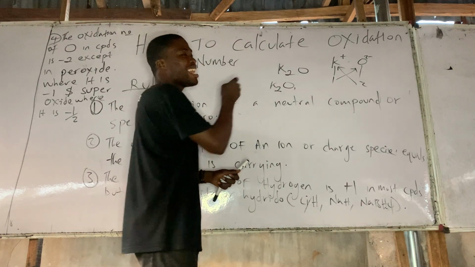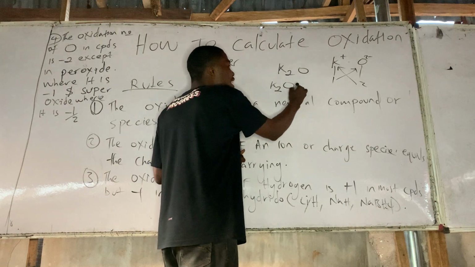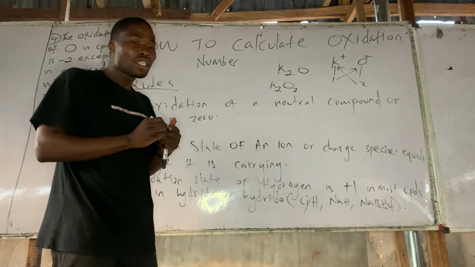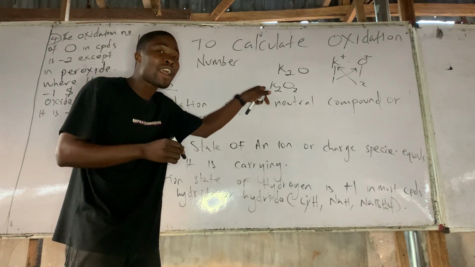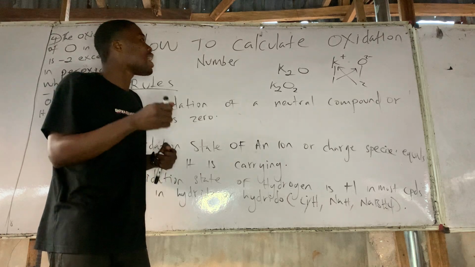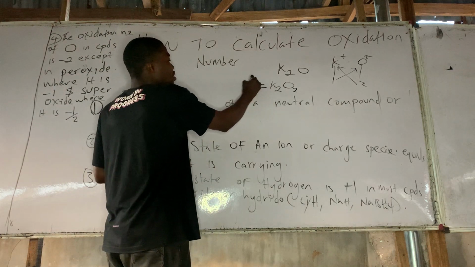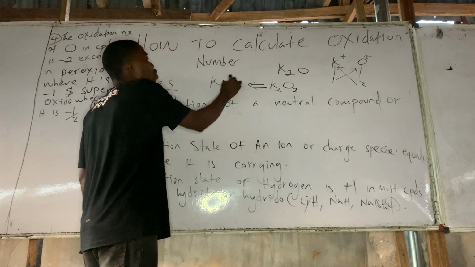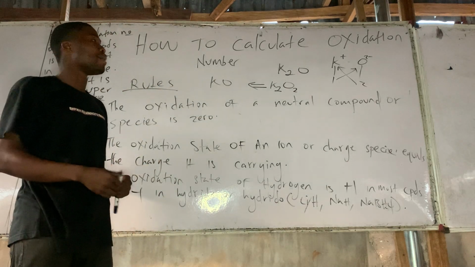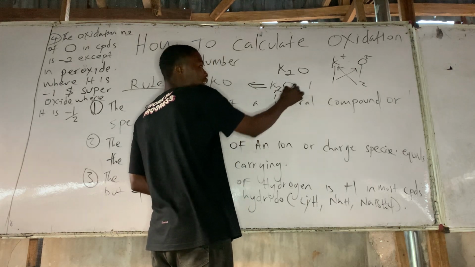Now adding one extra oxygen makes K2O2. That is potassium peroxide. Now potassium peroxide, I can also rewrite as KO, because empirically, I can just say 2 here, 1; another 2 here, 1.